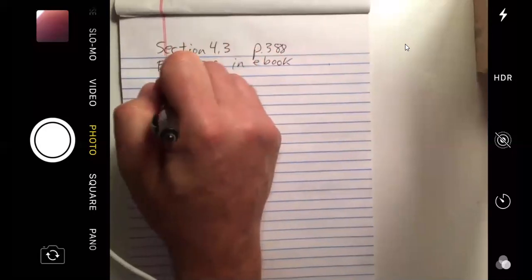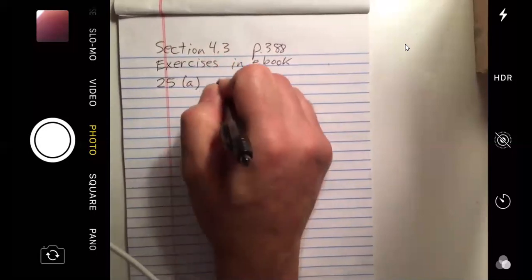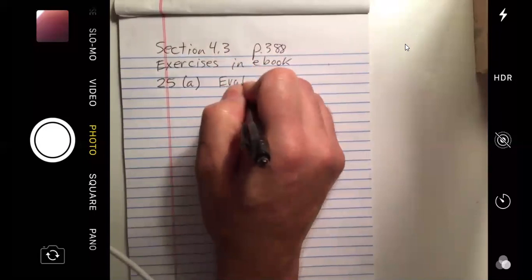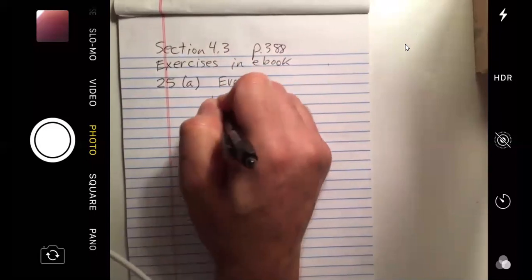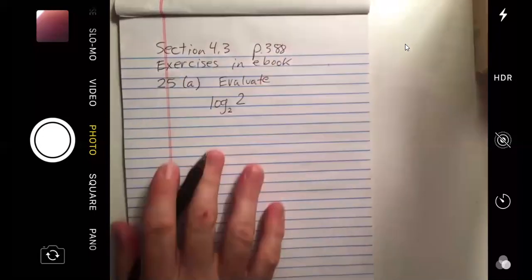Very first homework was problem 25, part A. It just says evaluate: log to a base 2 of 2. When the base on the log matches the exponent, these undo each other. The answer is the exponent. Nothing's shown, so it's an understood 1. So the answer is 1.